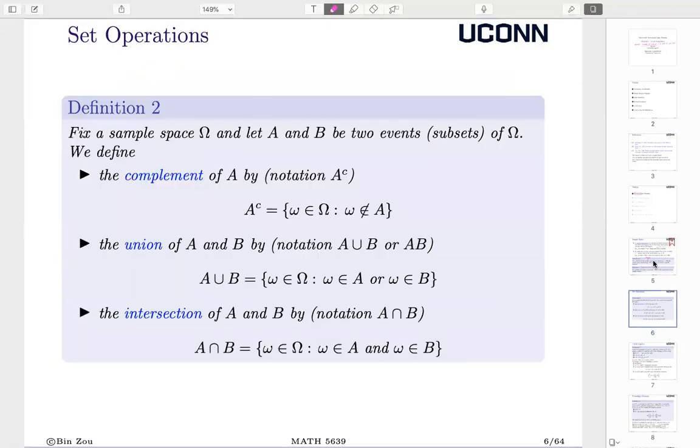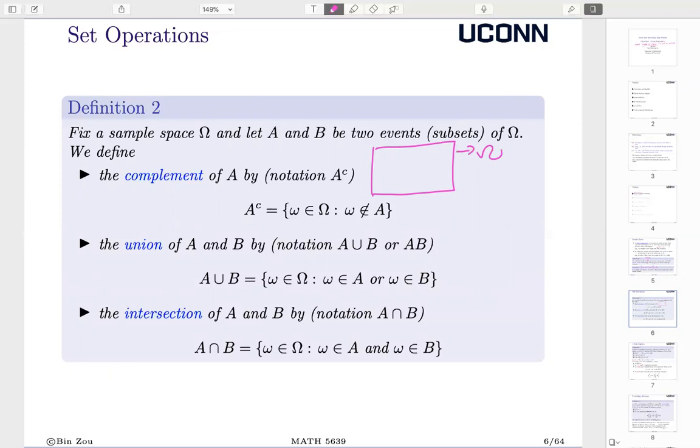Then the sample space is a set, so it makes sense to talk about some operations on sets. In definition 2, we have 3 different types of operations. The first one is complement. Basically, complement is the remaining part. This is called a Venn graph. You draw a square or rectangle to denote the sample space.